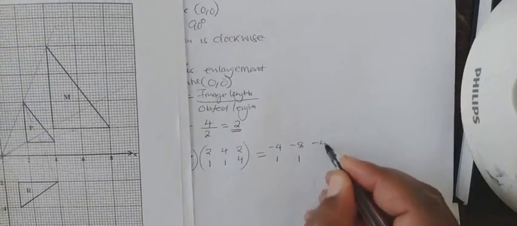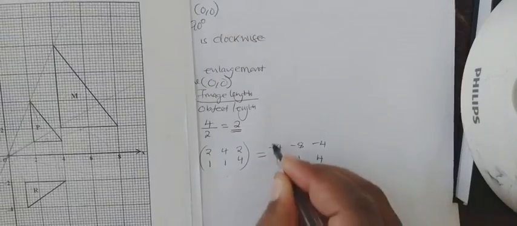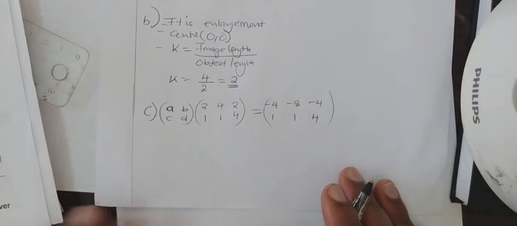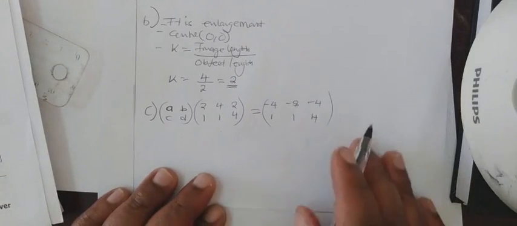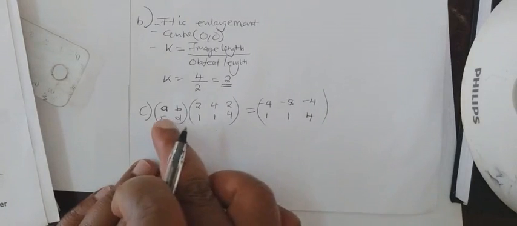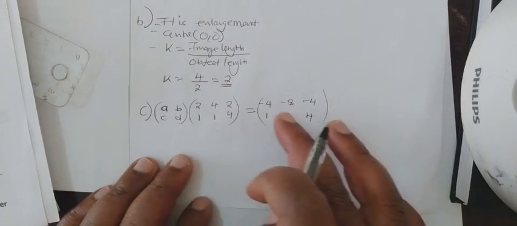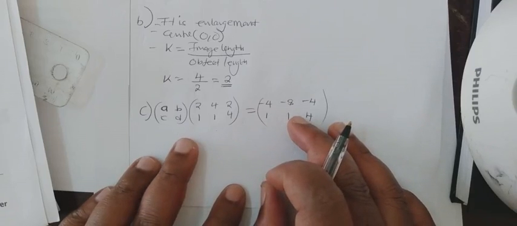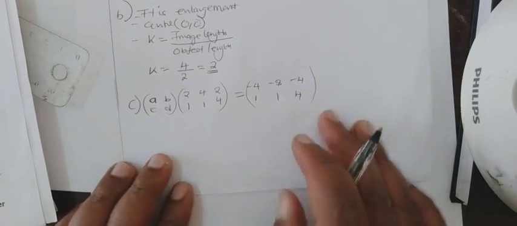Then we have (-4, 4). So when you multiply, you can solve this. Or alternatively, you multiply this by that, create an equation or equations, and solve them simultaneously. Then you should be able to find this.